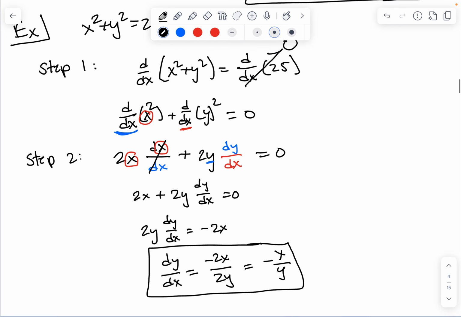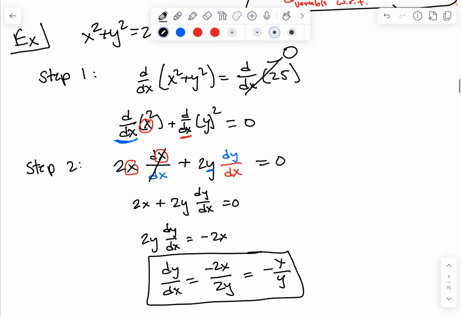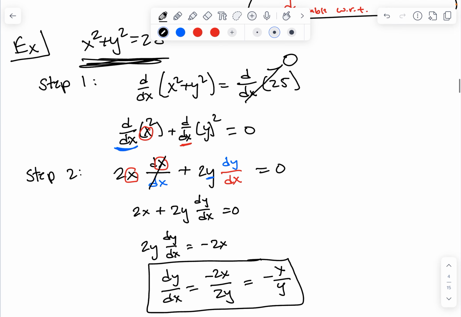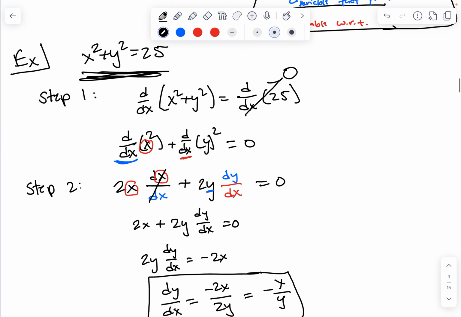What that actually means is the implicit differentiation of this equation ends up being negative x over y. This demonstrates that the slope of the tangent line to the circle, because remember, this equation is the equation of a circle, is given by this.